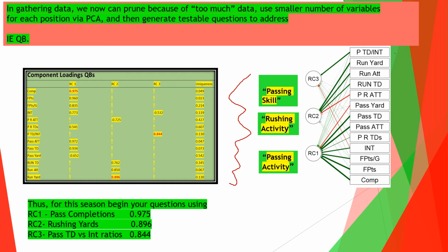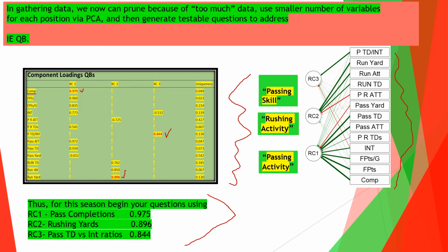These are all the potential variables I looked at, and what happened was, using principal component analysis, we took each group. For instance, for passing activity, completions is the best way to measure that activity. And you're saying, what about the other ones?